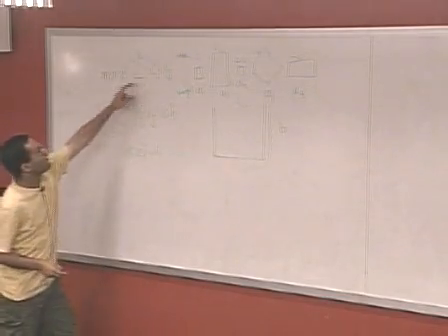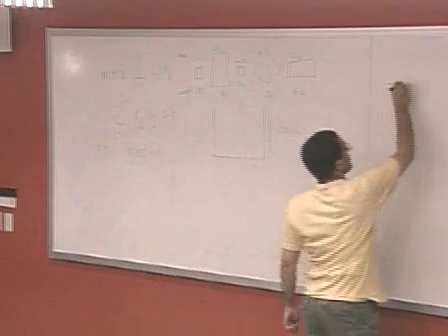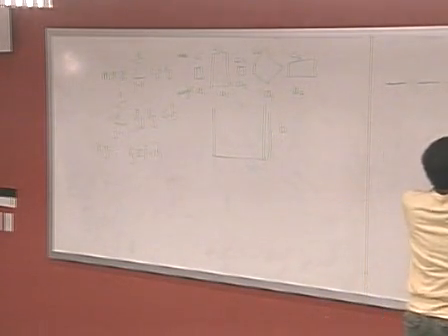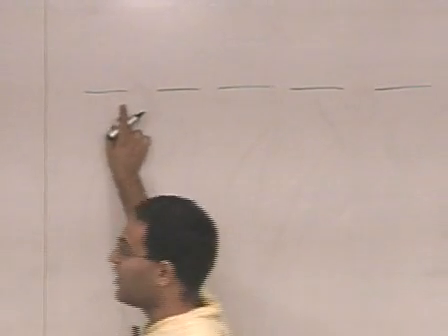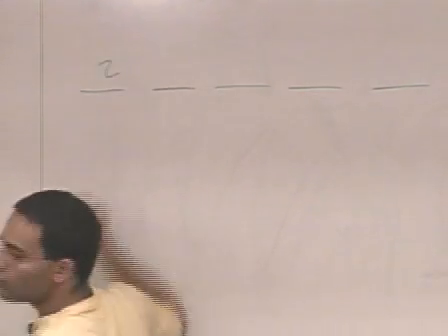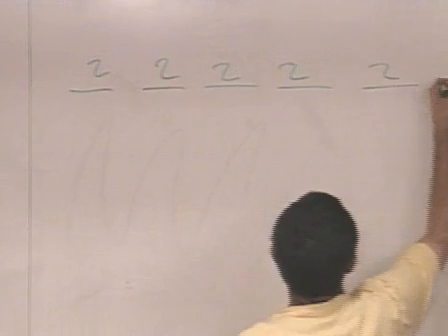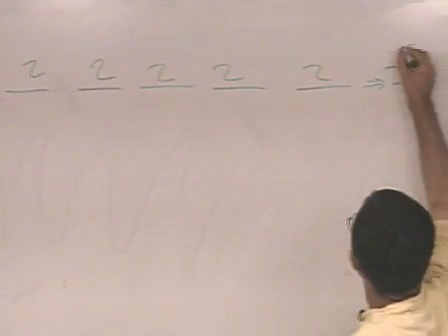You have n items. I'm just going to stick to my example, 5 items. Each of them can either be in the knapsack or not in the knapsack. So each of them would have two possibilities. There would be how many possibilities? 2 to the power of 5 possibilities.